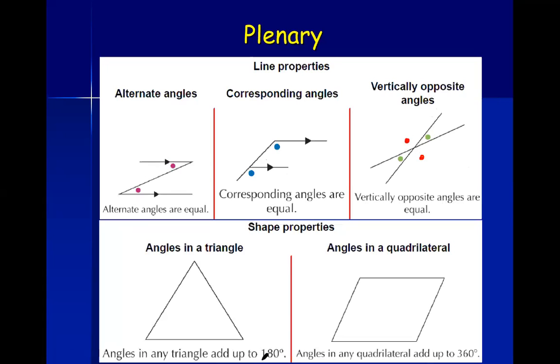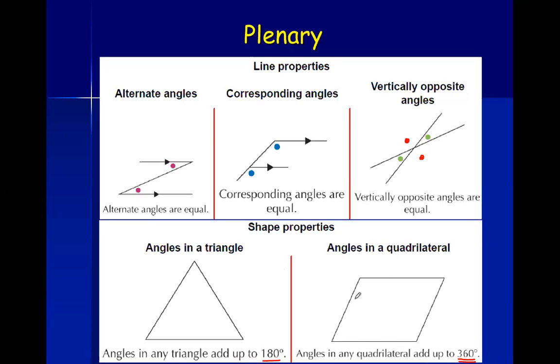Angles in a triangle, we said they add up to 180. So in any triangle, all angles add up to 180. The one that is often missed, because it's something that was probably done in primary school and forgotten about, is that in any quadrilateral, any shape with 4 sides, quad just means four sides, all angles add up to 360.